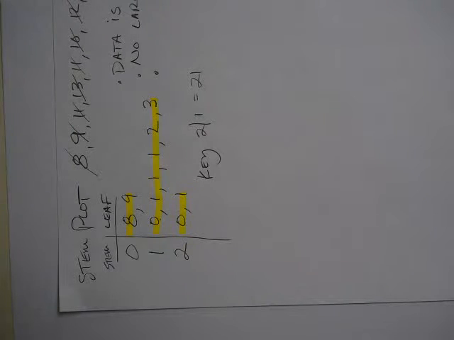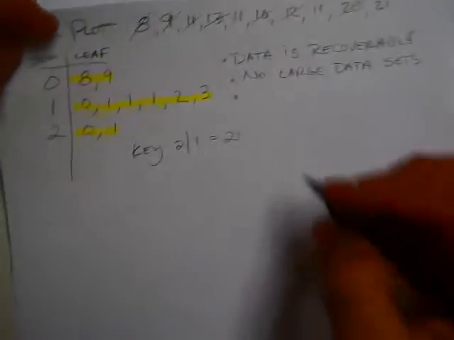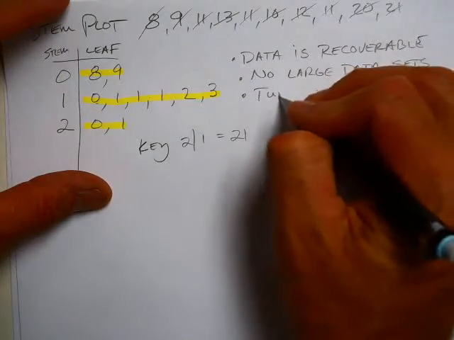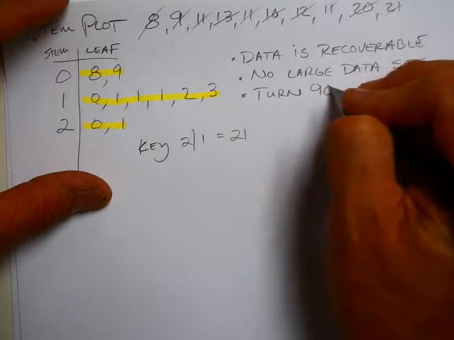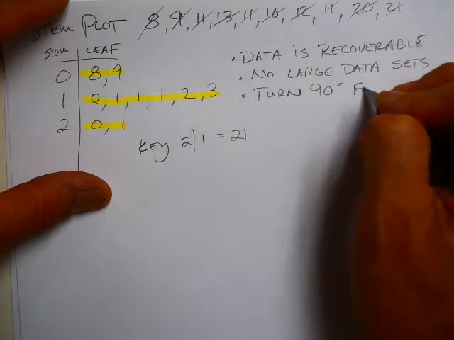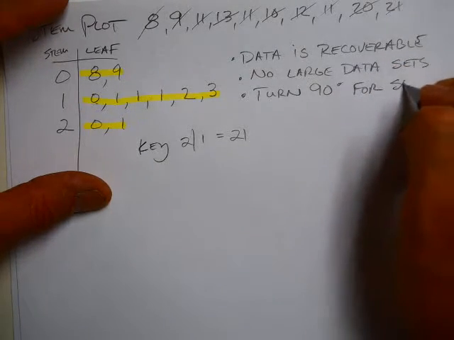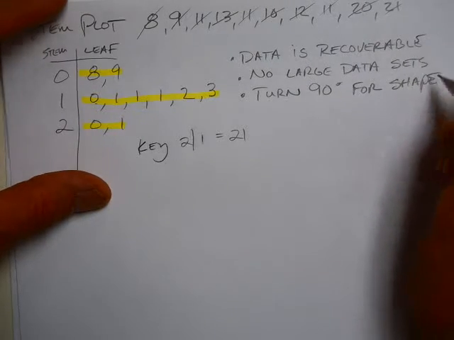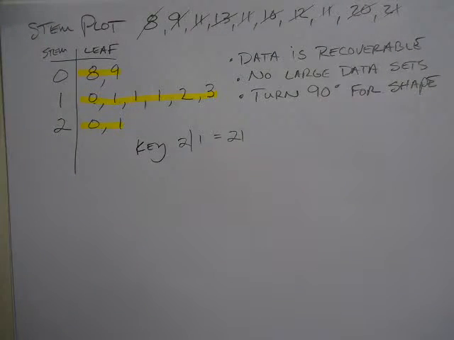So turn 90 degrees for shape. So what shape would you give that? What would you call that? Normal, I agree. I wouldn't call it approximately or roughly, I'd call it just normal. That's pretty close.